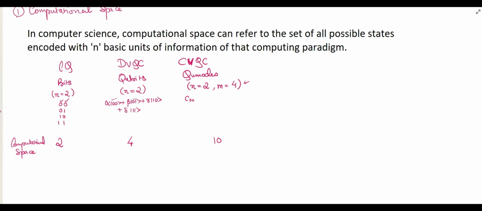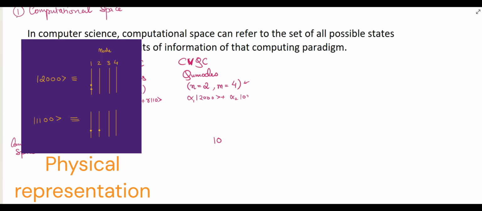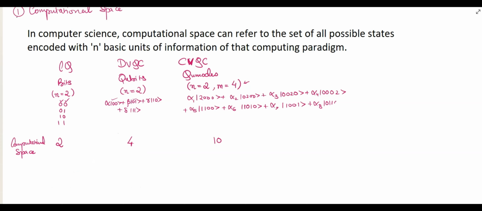It will be alpha 1 2000 plus alpha 2 0200 plus alpha 3 0020 plus alpha 4 0002 plus alpha 5 1100 plus alpha 6 1010 plus alpha 7 1001 plus alpha 8 0110 plus alpha 9 0101 plus alpha 10 0011.